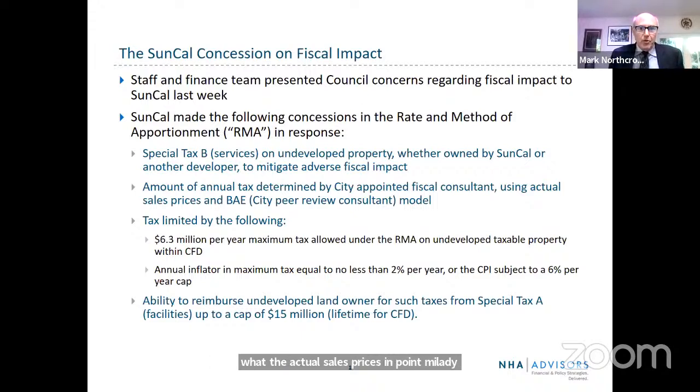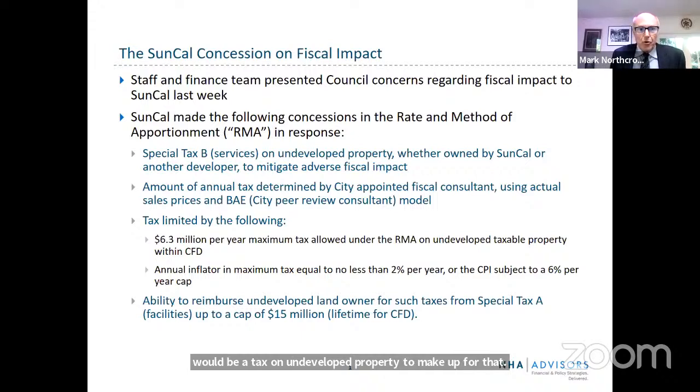So you would use the actual sales prices. You would use the BAE model from 2020, which was the city's own retained peer review consultant. And if there is a negative fiscal impact, there would be a tax on undeveloped property to make up for that, up to $6.3 million a year.